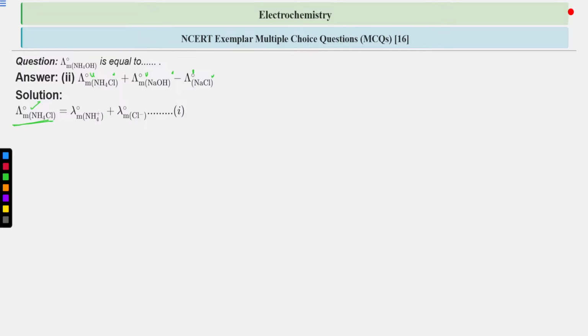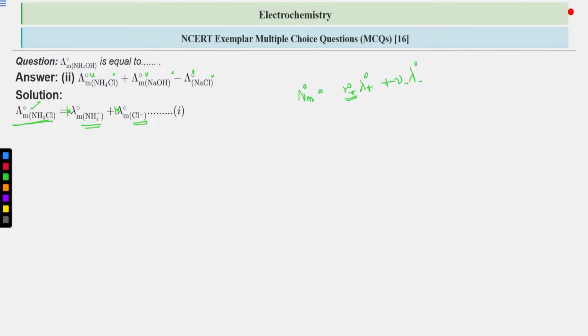So lambda naught m of NH4Cl is lambda naught m of NH4 positive plus lambda naught m of Cl negative. Here 1 is also in multiplication, because, if you remember, lambda naught m according to the Kohlrausch law is nu positive multiplied by lambda naught positive plus nu negative multiplied by lambda naught negative, right?